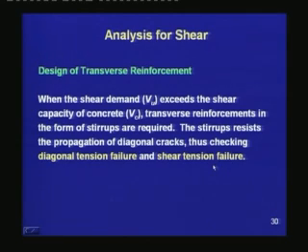The main purpose of the stirrups is to check the diagonal tension failure, which occurs when a diagonal crack propagates rapidly through the depth of the section, and also the shear tension failure.